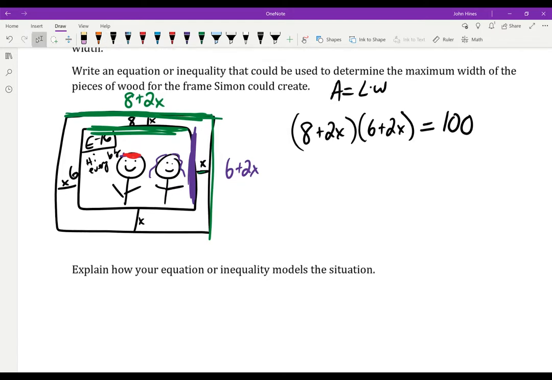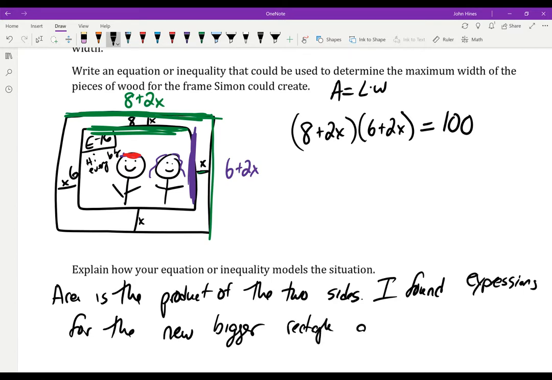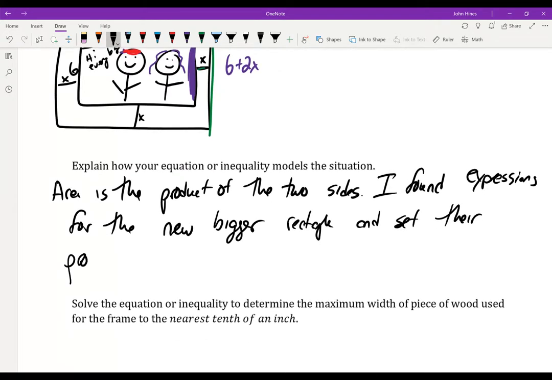Explain how your equation models the situation. Area is the product of length and width. I found expressions for the new bigger rectangle and set their product equal to 100.